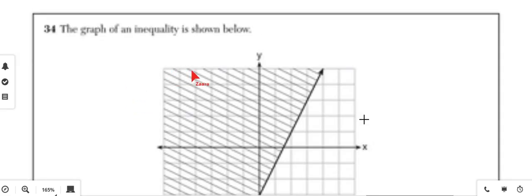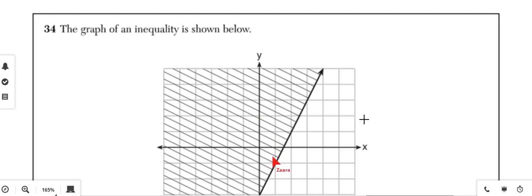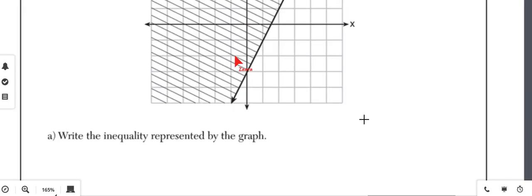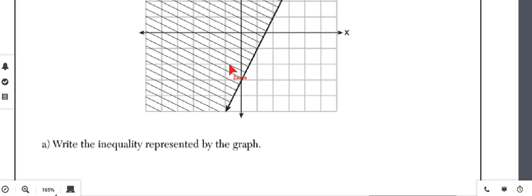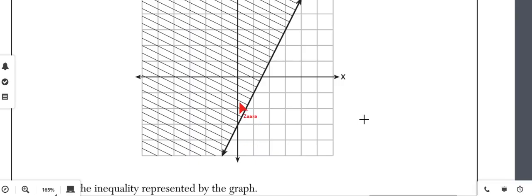Okay, let's move to the next one. The graph of an inequality is shown below. Write an inequality that represents this graph.